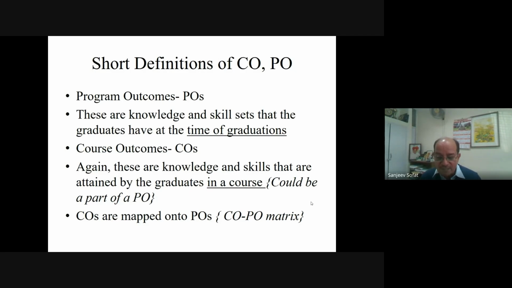So what my curriculum has to do is my COs have to be mapped to this particular PO, and we call it a CO-PO matrix. Those of you who have gone for the NBA accreditation, there you have to define for each of the courses what sort of CO-PO matrix is there.